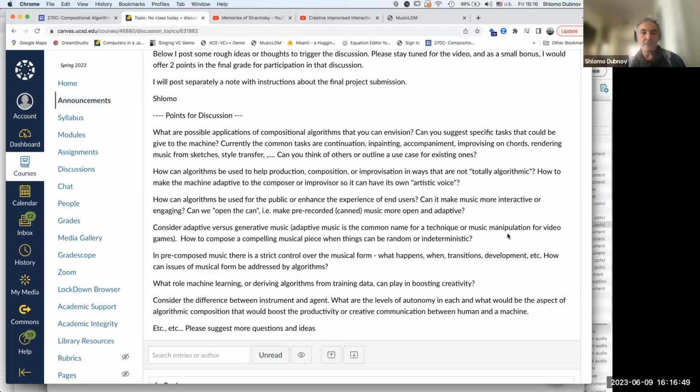That also raises the question of the distinction between what's an instrument and what's an agent, right? With instruments, you have total control. An agent has its own autonomy, but now you want to communicate with something which is between an instrument and an agent. So in that sense, would it help to be productive for those who produce music, or have some kind of creative communication between human and machine in ways that involve you better or deeper in consuming or experiencing music?